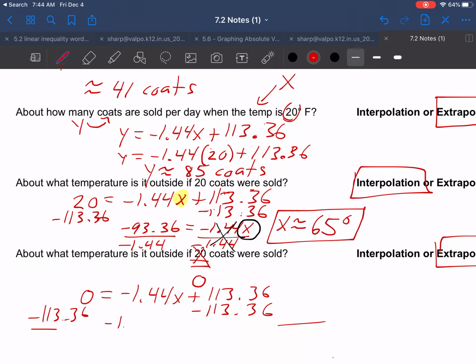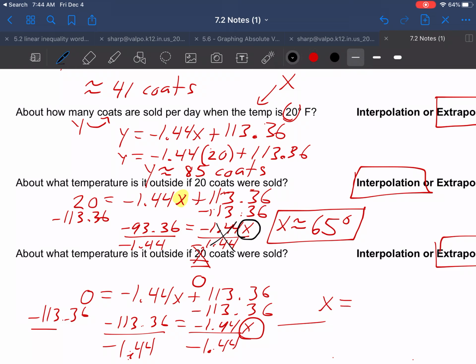So negative 113.36 was equal to a negative 1.44x. Now, divide your negative 1.44 on this side, divide your negative 1.44 on this side, and your x value will be left by itself, seeing as x equals essentially whatever comes out of this side of the equation.